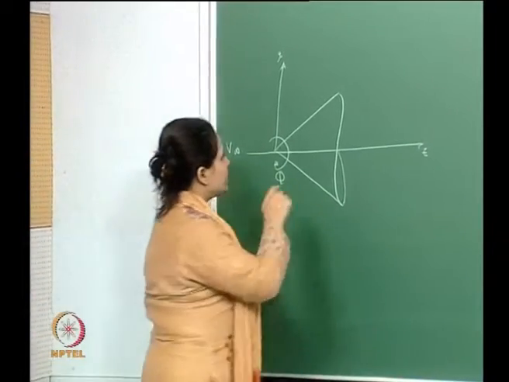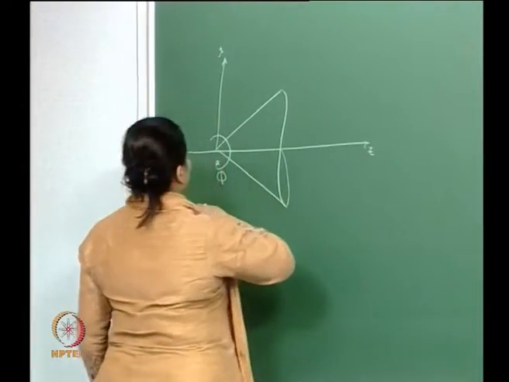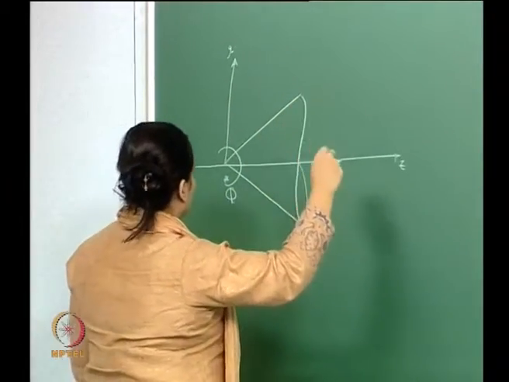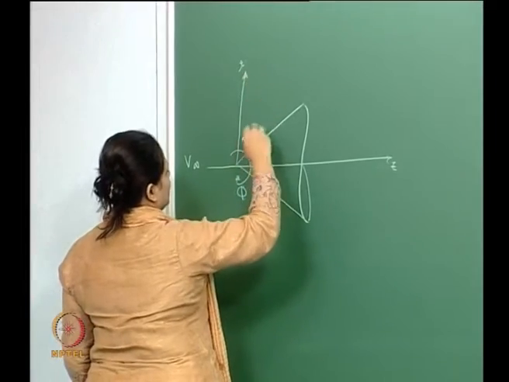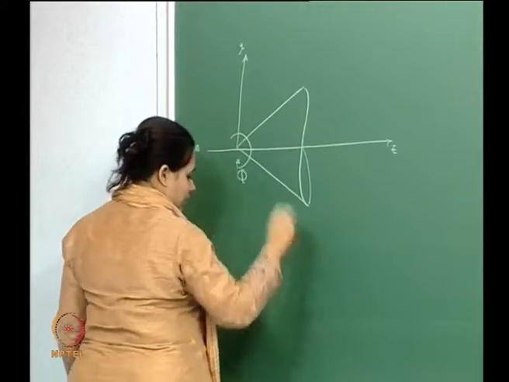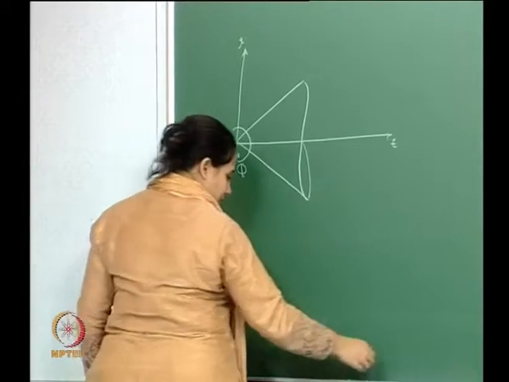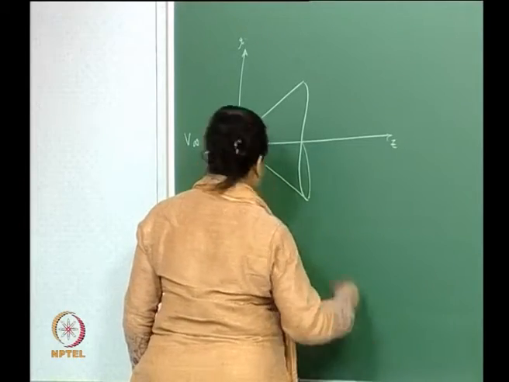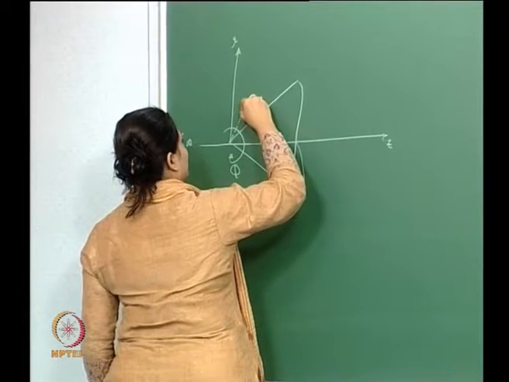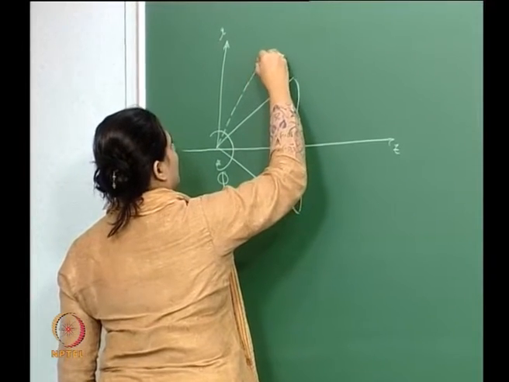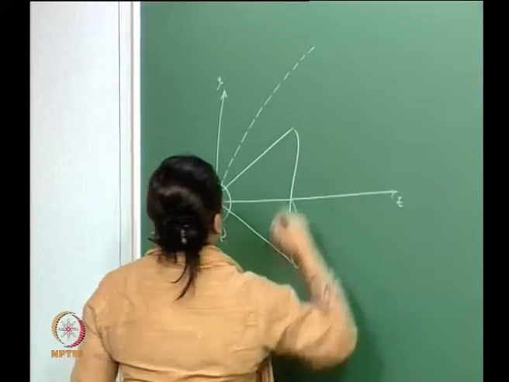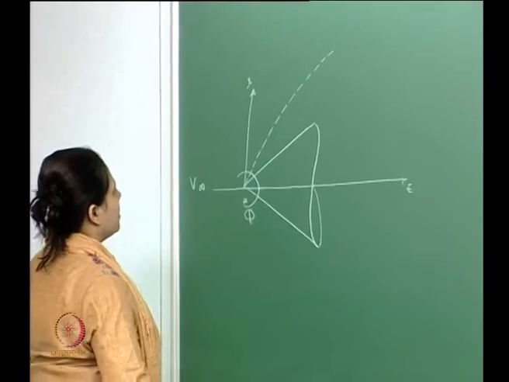In this particular case, we will have a shock structure somewhere. We have a shock here. Now, let me just take a radial line. So, this is a radial line.